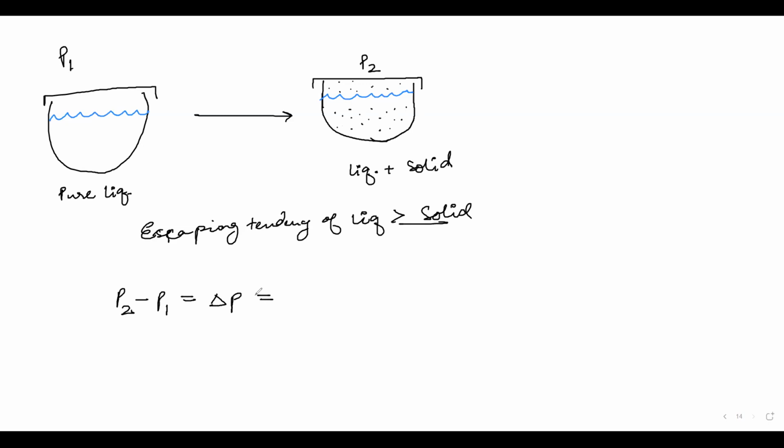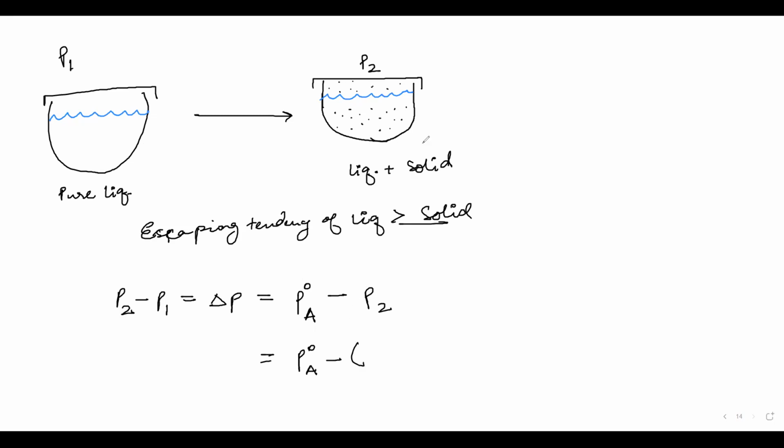Delta P will be equal to P naught of A, that is the solvent, because in pure liquid we have only liquid, minus P2. Now I can write pure liquid pressure, and this will be equal to P naught of A minus P2.